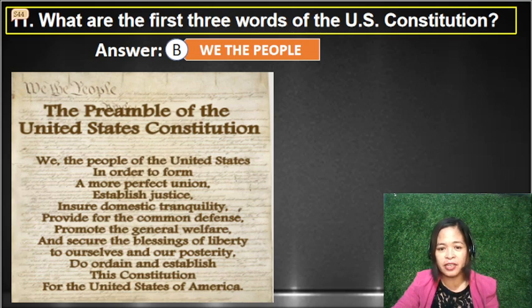So it all started with the first three words, we the people.